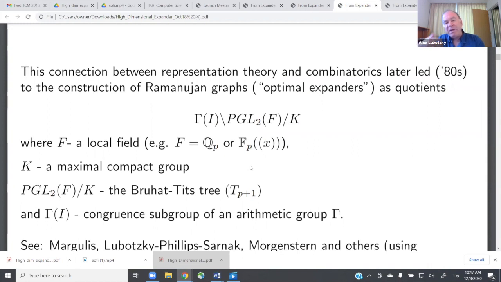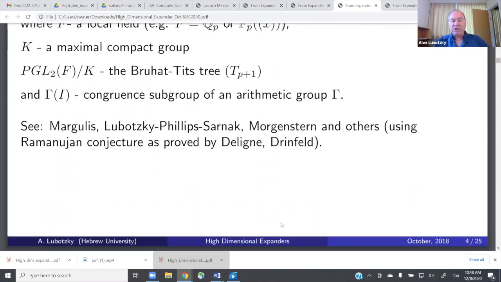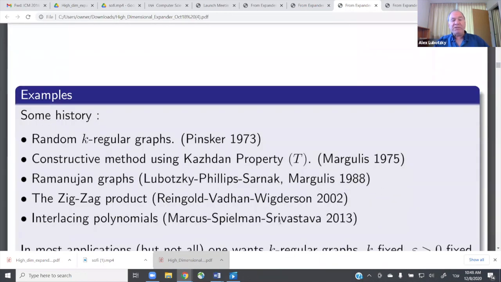In some way, this theorem, the Riemann hypothesis over finite fields, is really behind these results via the work of Eichler, Deligne or Drinfeld. Again, this is just to give a little touch, because when we go to higher dimension, it will give us a hint where to look for high-dimensional objects.